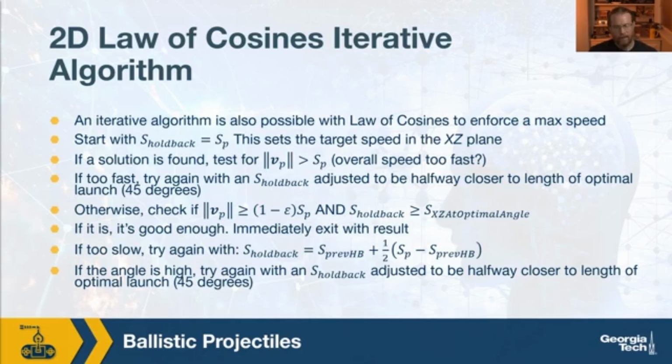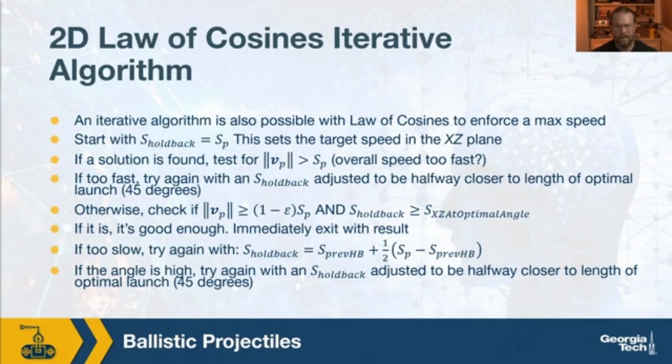Otherwise, if our velocity is not greater than S, there could be some different circumstances we need to consider. One is that it's a very good match, and that would be if our magnitude of velocity is nearly equal to our max speed. If it's approximately equal to the max speed, then that means we're throwing as hard as we want to.